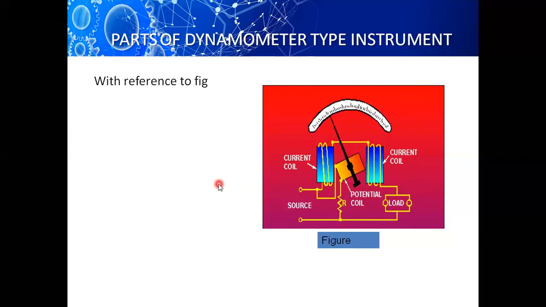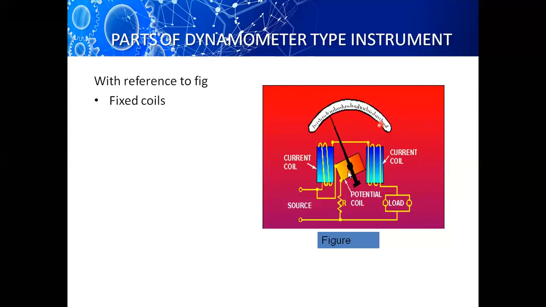With reference to the figure, we can see that the current coils are fixed, and we have the potential coil. From the figure it is clear that the pointer is attached to the potential coil, and this pointer is capable of moving over a calibrated scale.